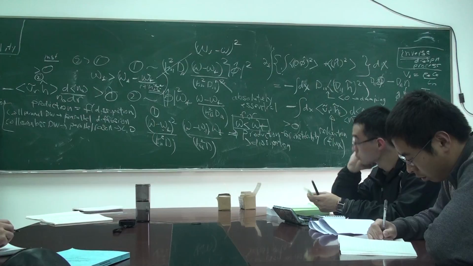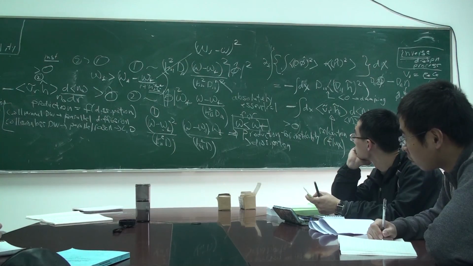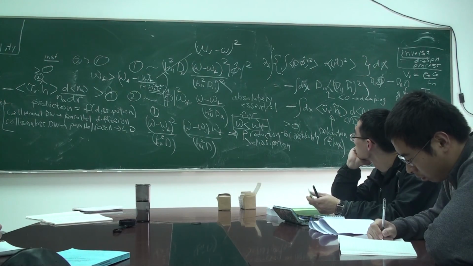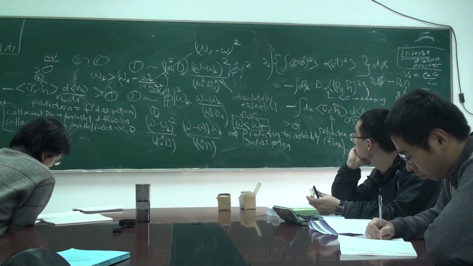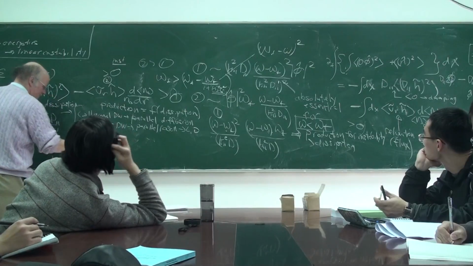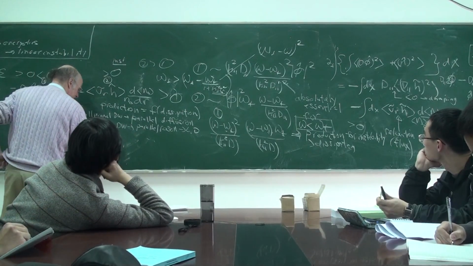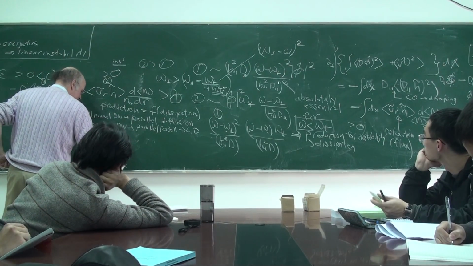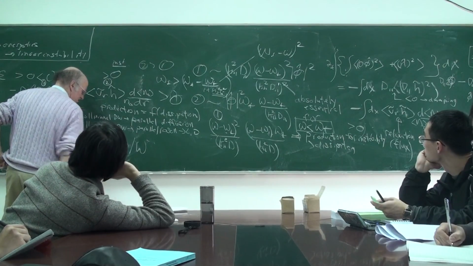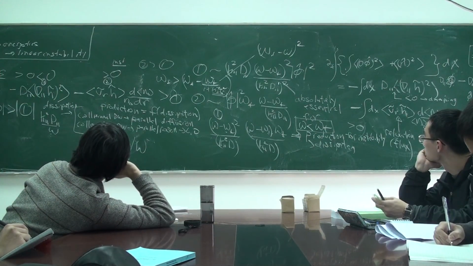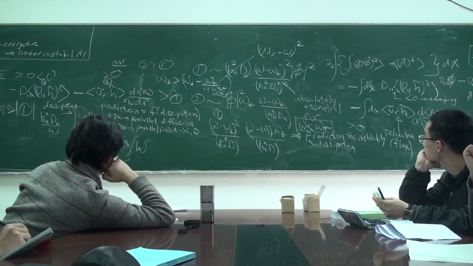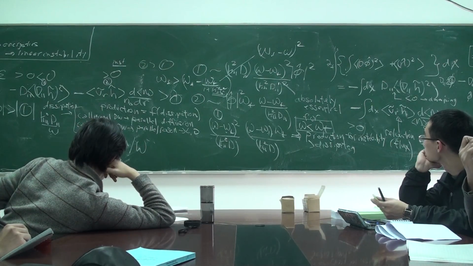In some sense, the relevant parameter here is k parallel squared D parallel over omega. For the collisionless case, the relevant parameter is k parallel D thermal over omega. They're clearly different ways of looking at fundamentally similar things.